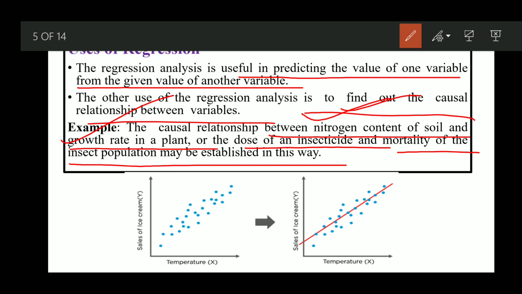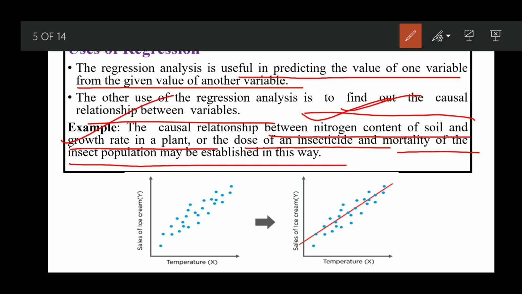If your soil has more nitrogen content, then the growth rate of the plant will be more. That means here nitrogen content is independent, which is causing the growth rate of a plant. That's why it is a causal relationship.